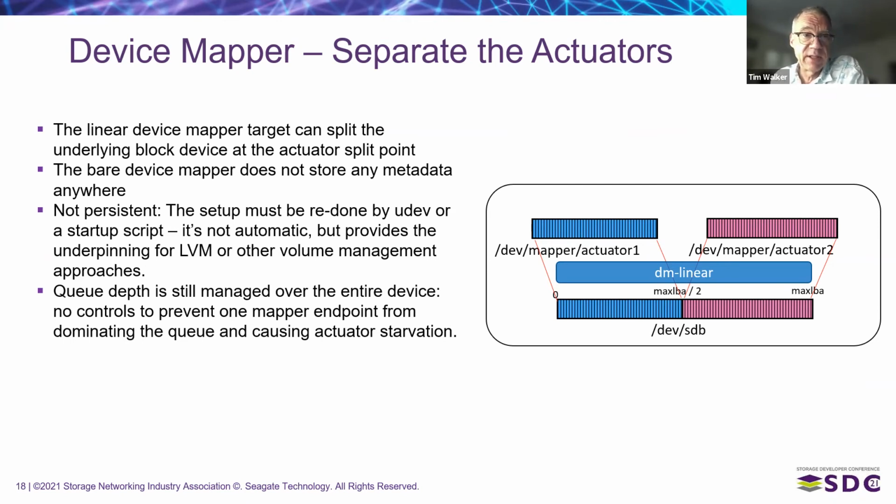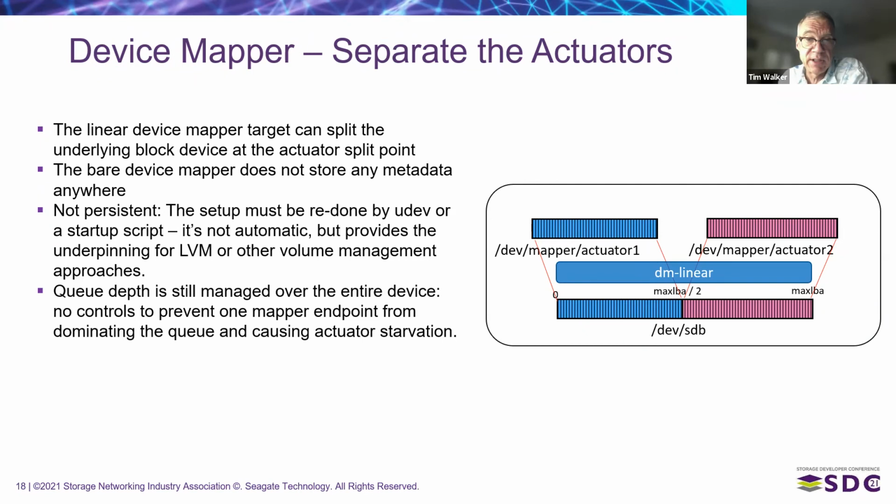But you can see here that it's really straightforward. By configuring the Devicemapper, you can take this linear array of LBAs and split it into two, and come up with two devices. Everything we said about partitioning is true with this.